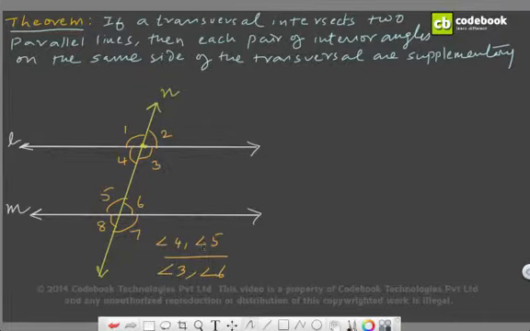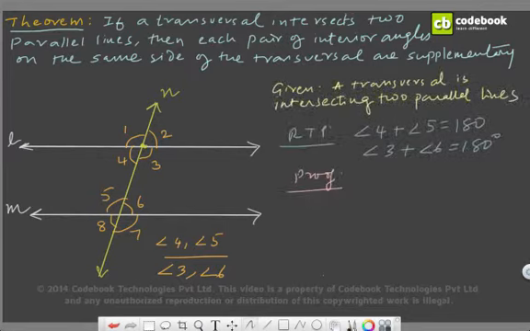So these are pairs of interior angles on the same side of the transversal, and the theorem is stating that the sum of these angles in the pair is equal to 180 degrees. Let's try to prove this. We have been given that a transversal is intersecting two parallel lines, and we are required to prove angle 4 plus angle 5 is equal to 180 degrees and angle 3 plus angle 6 is equal to 180 degrees.